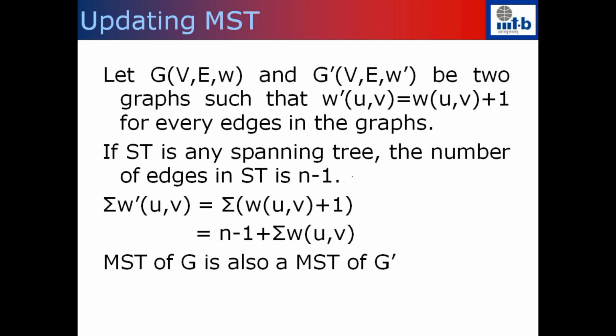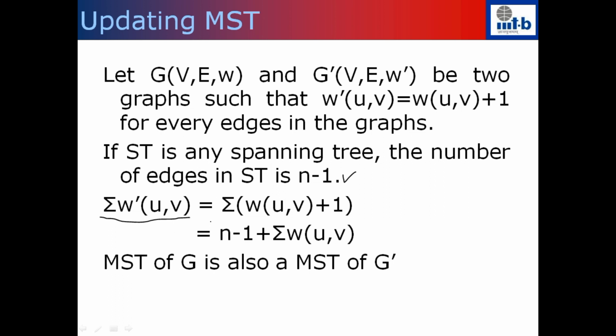If you take any spanning tree of G, the number of edges in the spanning tree is exactly equal to n minus 1. Now if you take the summation of the weights of the edges that are in the spanning tree in G dash, what you get is the summation of W dash of U comma V, taken over all the edges in the spanning tree.